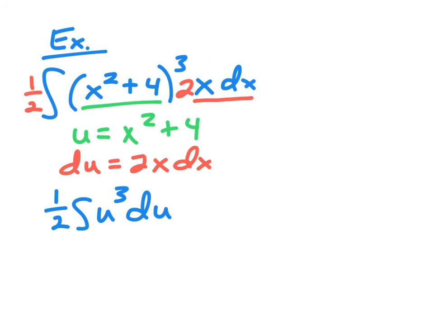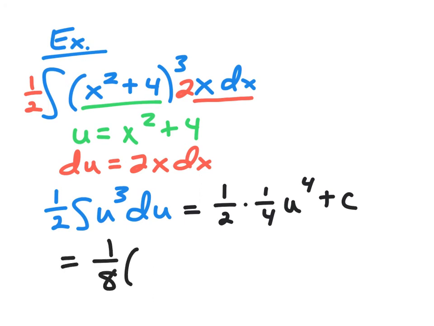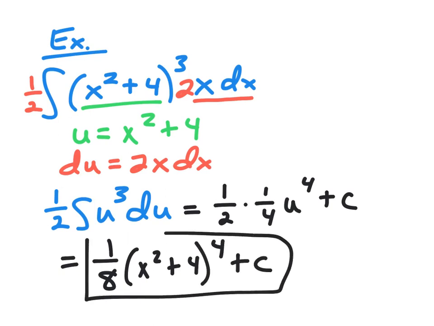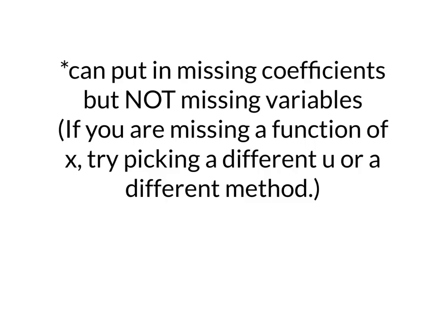And so now I can take the antiderivative and have 1/2 times 1/4 u to the fourth plus c, which will give me 1/8 u, which is x squared plus 4, to the fourth plus c. And there's my antiderivative. So if you're missing just a coefficient, then you're allowed to put that in as long as you put the reciprocal out in front.